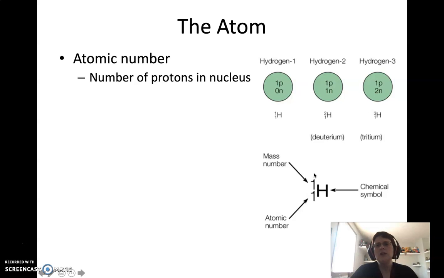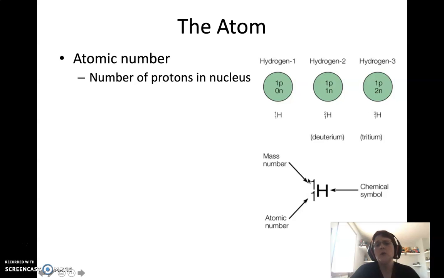Now we'll see when we look at the periodic table, it's actually sometimes written a little differently. Sometimes you'll see it in this format. Other times you'll see it written in the format you'll see on your periodic table. Generally, what you'll find is that the atomic number is a whole number. In this case, it's showing the mass number as a whole number as well.